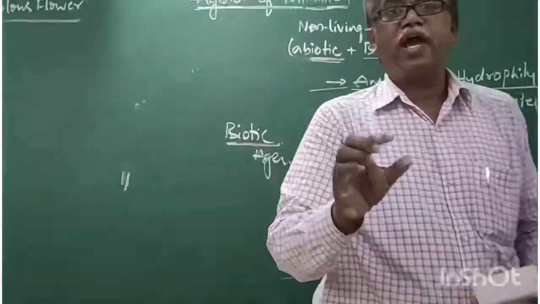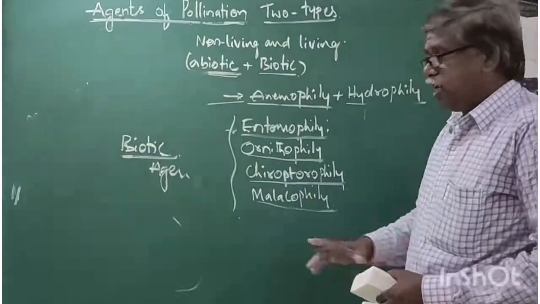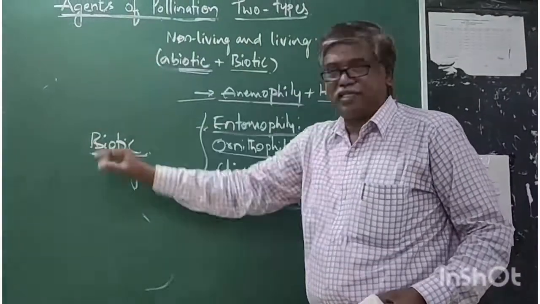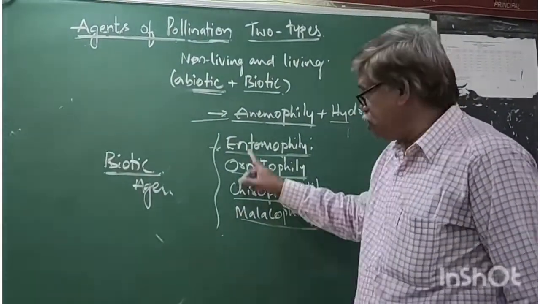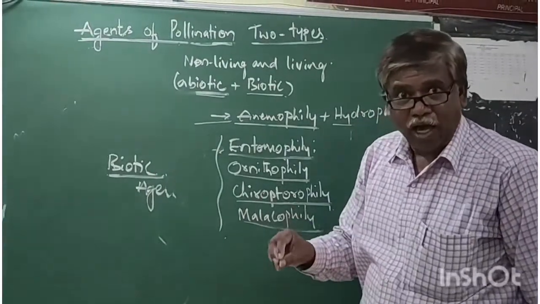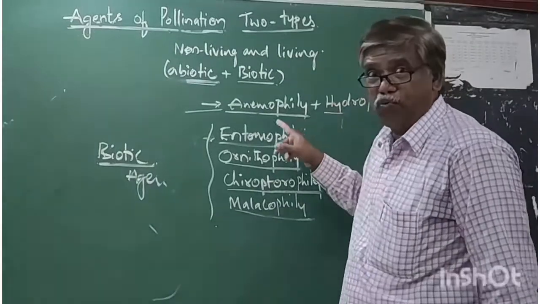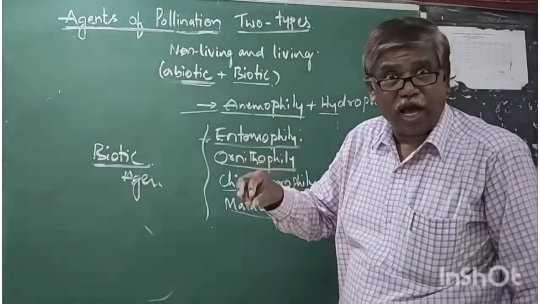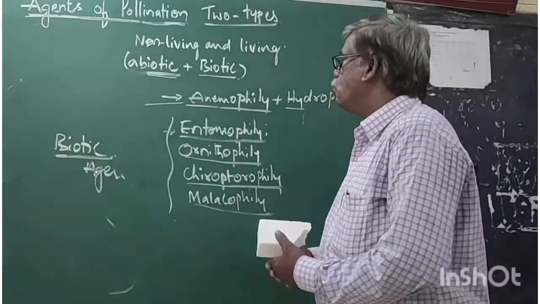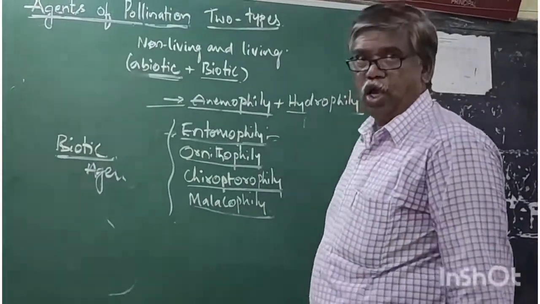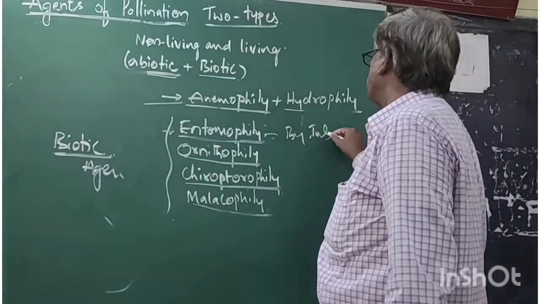These are the four types of biotic agents. That means in these four types, living organisms are involved. But in anemophily and hydrophily, non-living agents are involved.